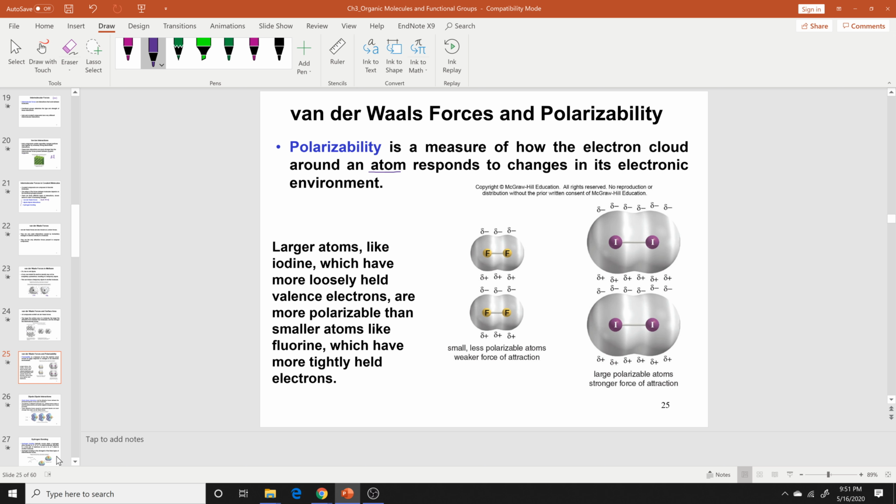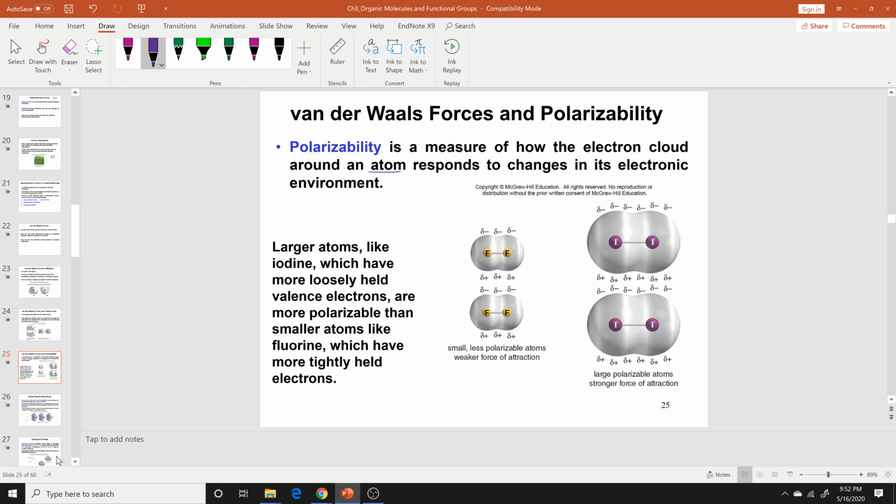Polarizability is about the electronic cloud around the atom, specifically the electronegative element, and how this electronic cloud sits with respect to the nucleus of the atom. Is it closer or is it far away from the nucleus? The smaller the atom is, the less polarizable the atom is, and the weaker the forces of attraction.